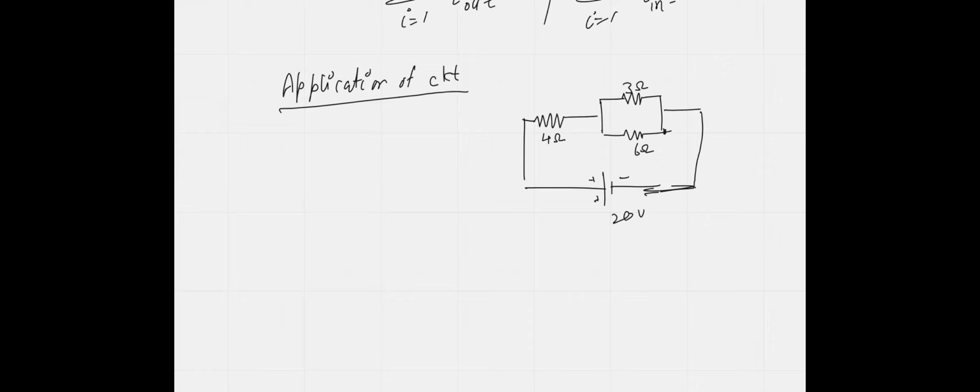Kirtana, calculate the current flowing across the 4 ampere, 4 ohm, 3 ohm and 6 ohm. Right now we don't really need the use of KCL or KVL, but we will see when we will be using them, because we have solved this earlier also. So just try to solve this once again. What is the current flowing through the 3 ohm, 6 ohm, and 4 ohm? This is what we have to solve for now. Okay.